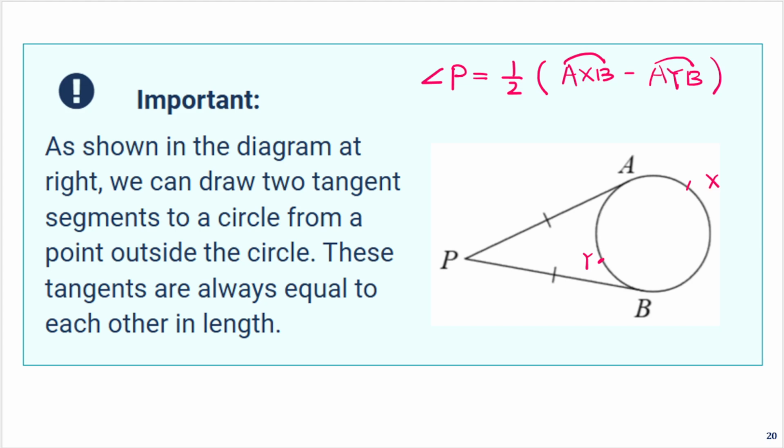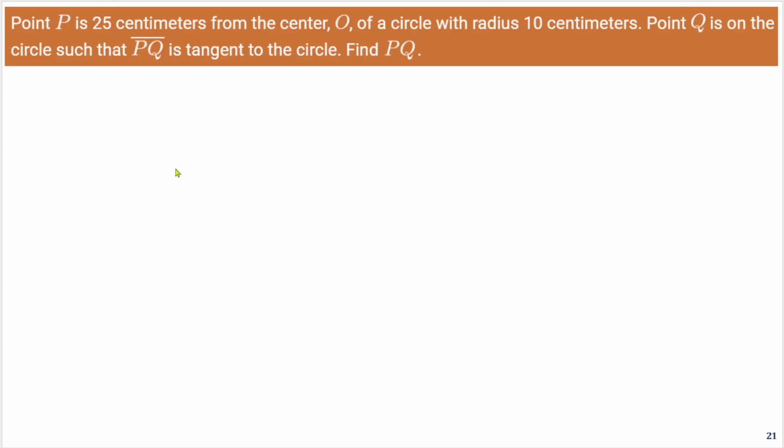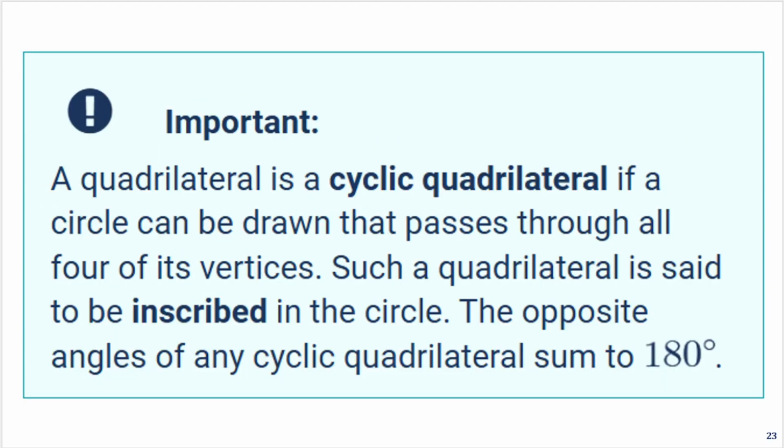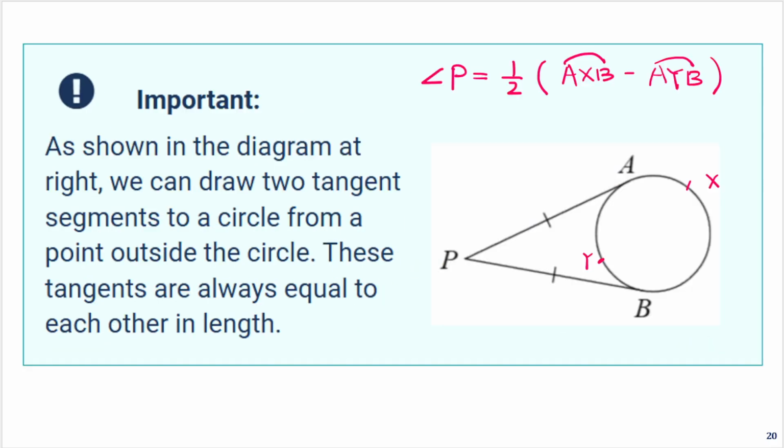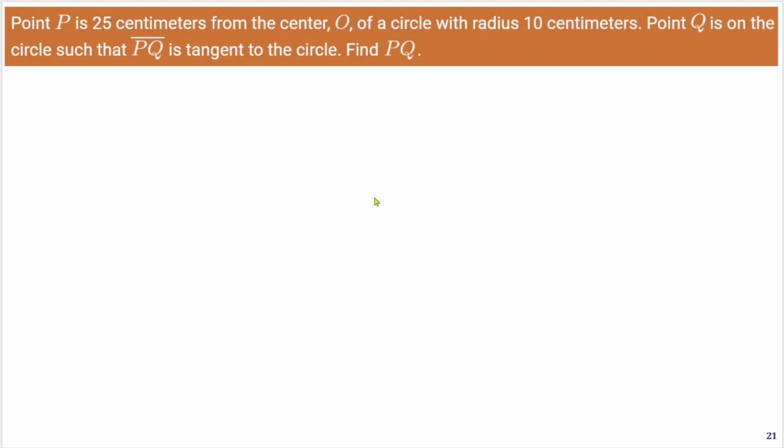Alright, so now let's use what we have learned so far to solve this problem here. Oh, sorry, this one here. Any ideas? Point P is 12 centimeters from the center O of a circle with radius 10 centimeters.